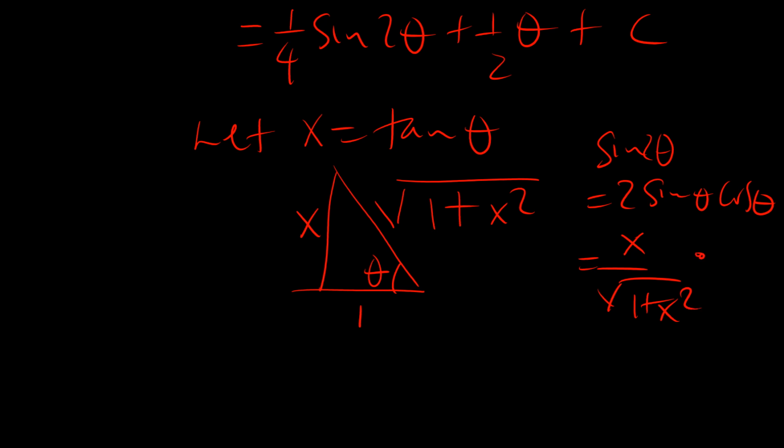Cosine is going to be 1 over the square root of 1 plus x squared, times 2. So this is 2x over 1 plus x squared. That's sine 2 theta. And then theta is just going to be the arc tangent of x.